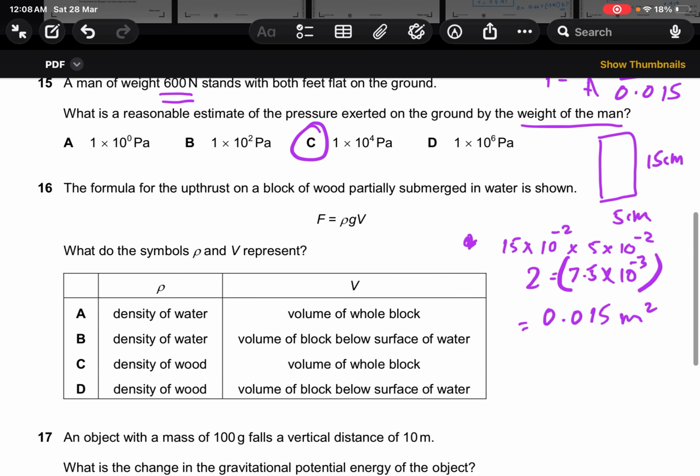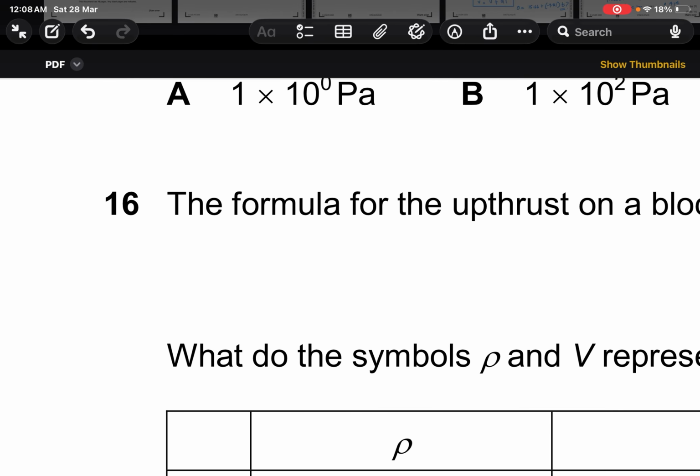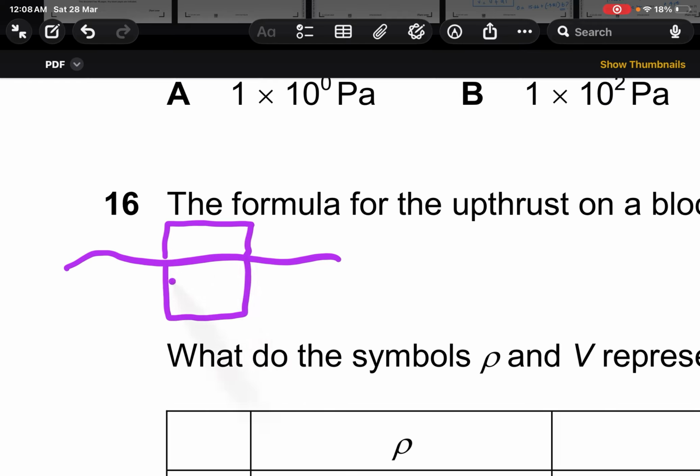The formula for the upthrust on a block of wood partially submerged in water is shown. What do the symbols rho and V represent? Basically, this is your water and this is your block of wood. This much of the block is submerged in water and the above part is not.